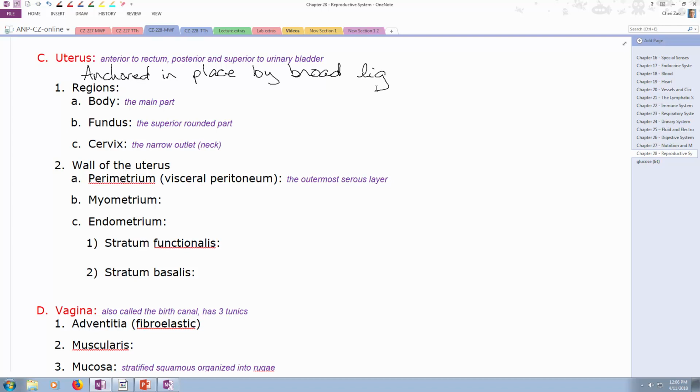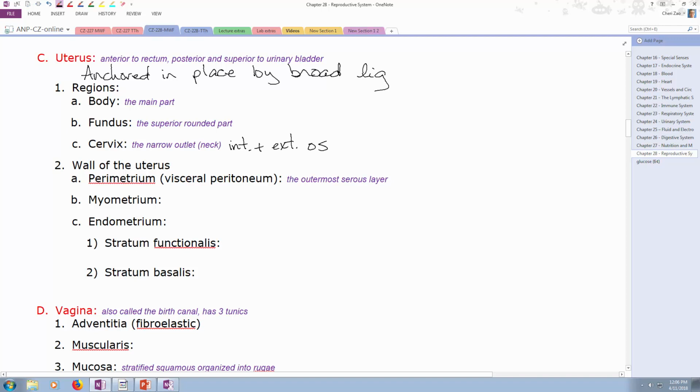The cervix, our notes here state it has a narrow outlet. We also call the cervix the neck of the uterus itself. It's obviously inferiorly positioned. And we have internal plus external os.